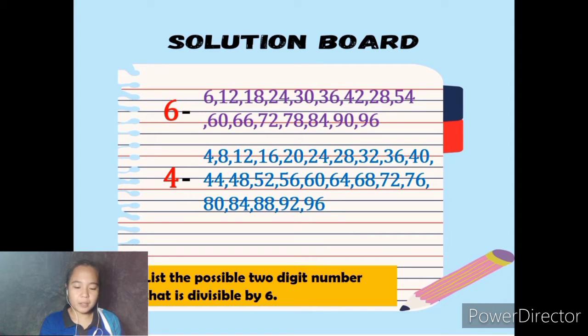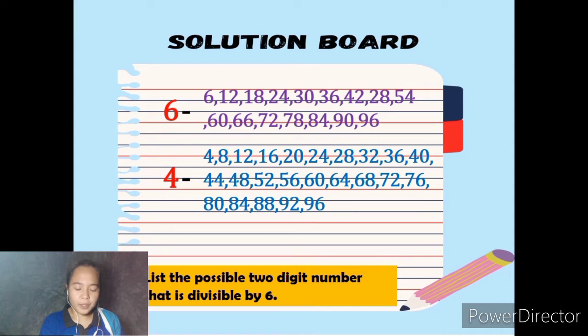So, ang sabi kasi dito, divisible by 6 but not by 4. So, ibig sabihin, yung 96 divisible siya sa both na 6 tsaka sa 4. So, ibig sabihin, hindi iyon yung sagot. Next na pinakamataas na two-digit number na divisible by 6 is yung 90.